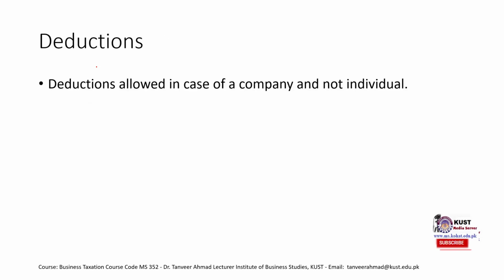So starting with deductions. First of all, these deductions are only allowed in case of a company, right? If income from property is received by a company, then they are allowed these deductions. Individuals are not allowed any of the deductions that we are going to discuss in this lecture.